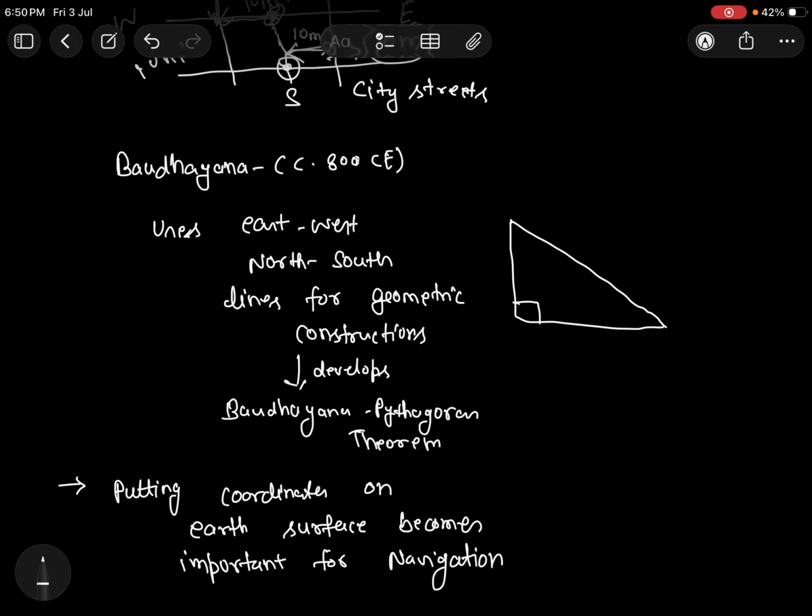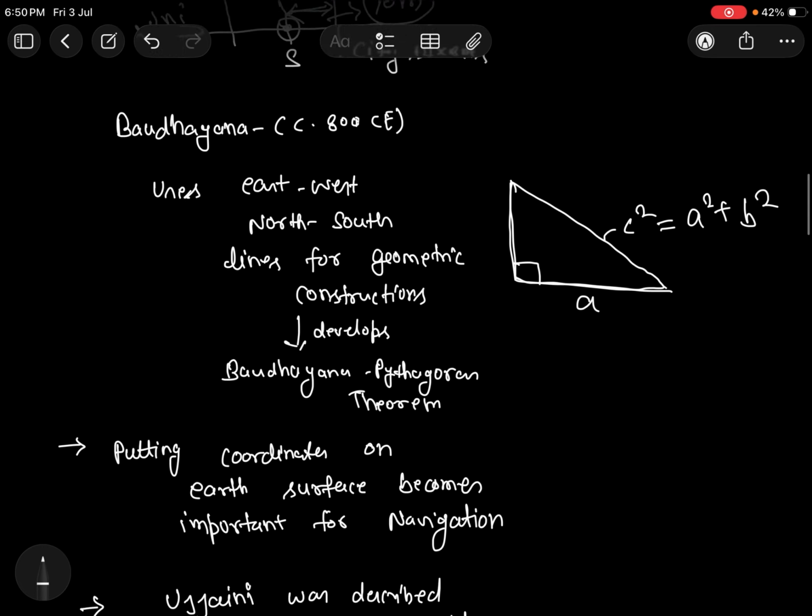This is a right angle triangle, and the square of this length, the hypotenuse, is equal to the sum of the squares of this base and this height. That is the construction given by Baudhayana, that the area of the square formed by the hypotenuse is equal to the area of the squares formed by the base and the height.